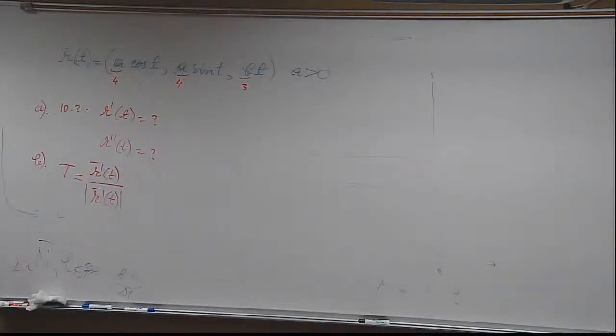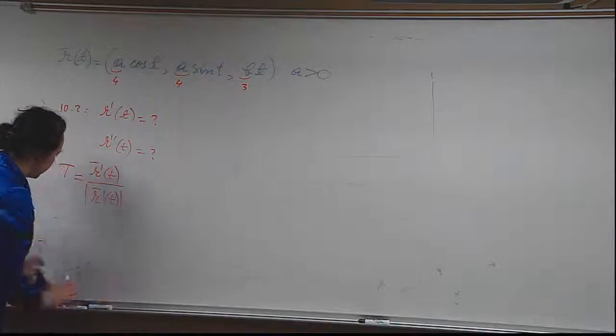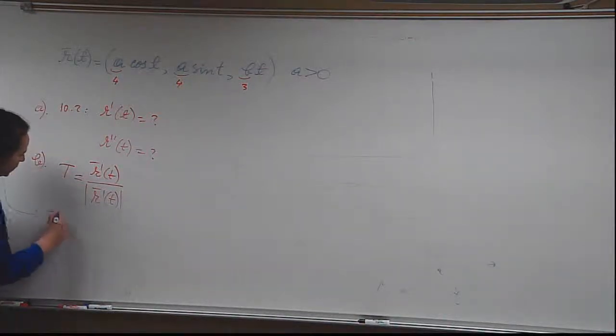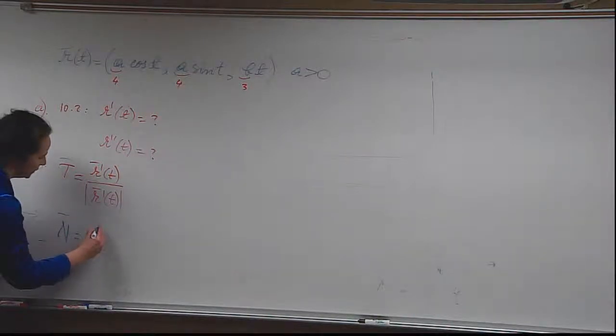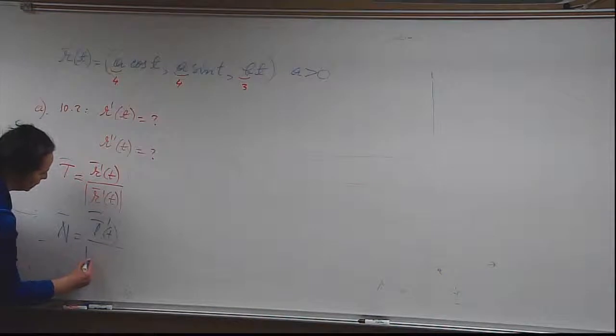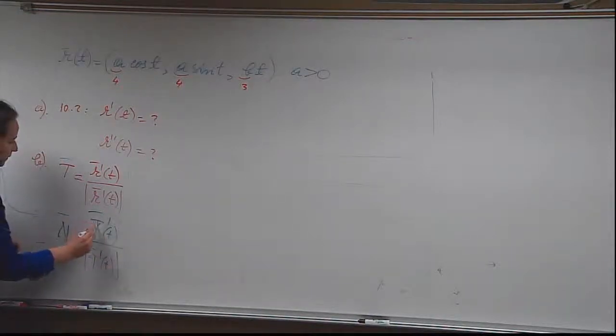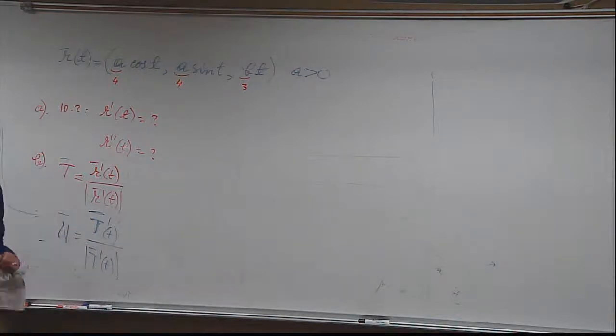Very good. And what else did I spoon feed you last time? I spoon fed you N. Let's compute N as well as part of the problem: T prime of t over the magnitude of T prime of t. So in B, you're looking for the tangent unit vector, and then you're looking for the normal.